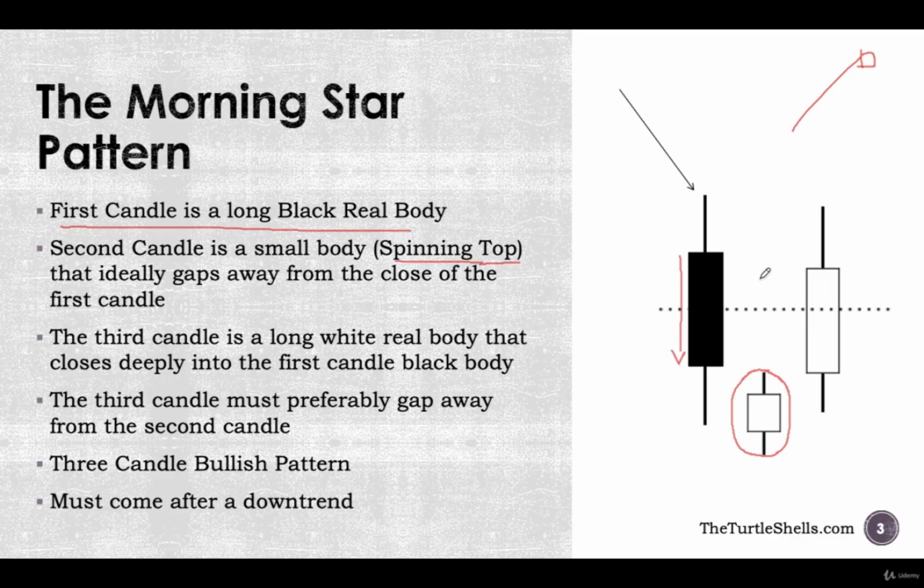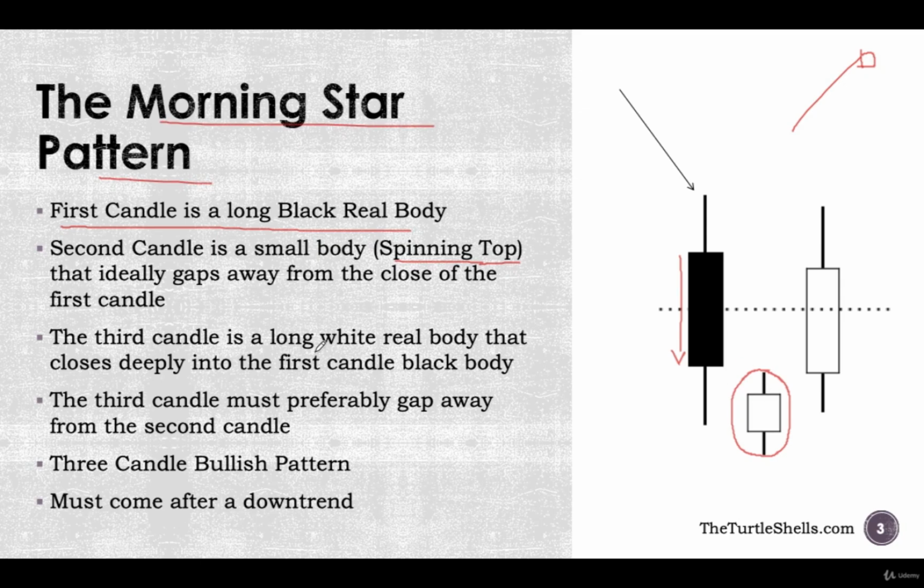Stars we are not covering in this section in level 1. There is an entire section on stars that I am teaching. So for this video, we will only look at the star in the context of a Morning Star pattern.